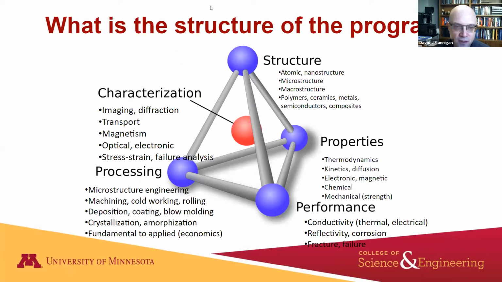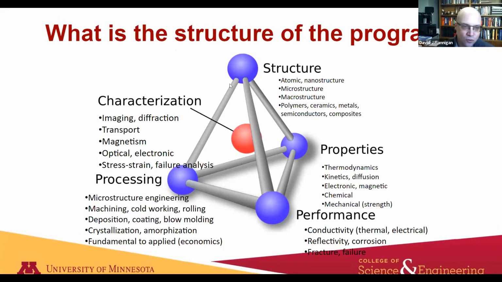So we have the materials tetrahedron, that's what we follow. At the four corners of this tetrahedron are structure, properties, performance, and processing. And then in the center of this that binds this together in some ways is characterization. So the curriculum is built around this tetrahedron. And probably most notably, as you'll see coming up, we have labs that touch on all four corners of the tetrahedron.